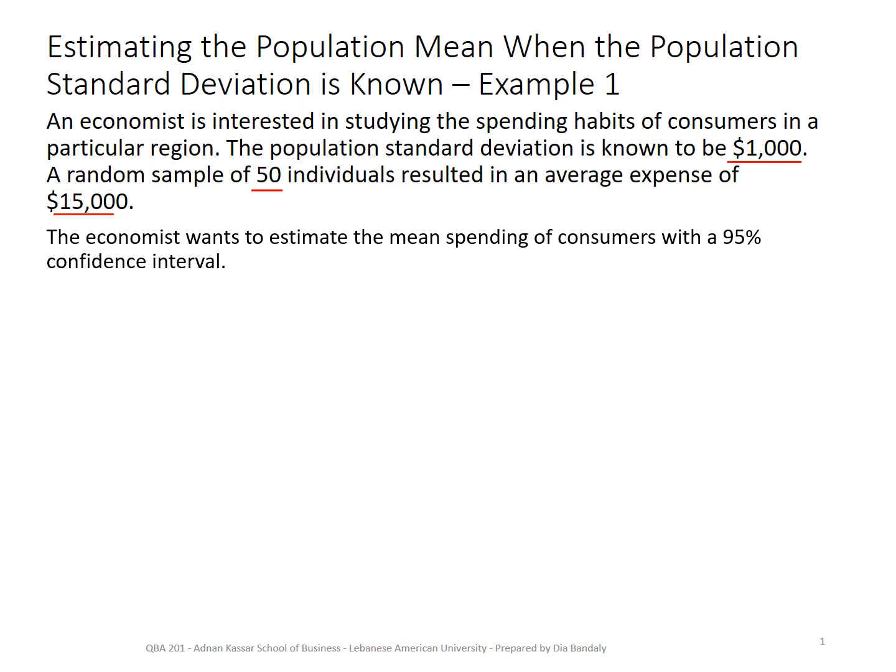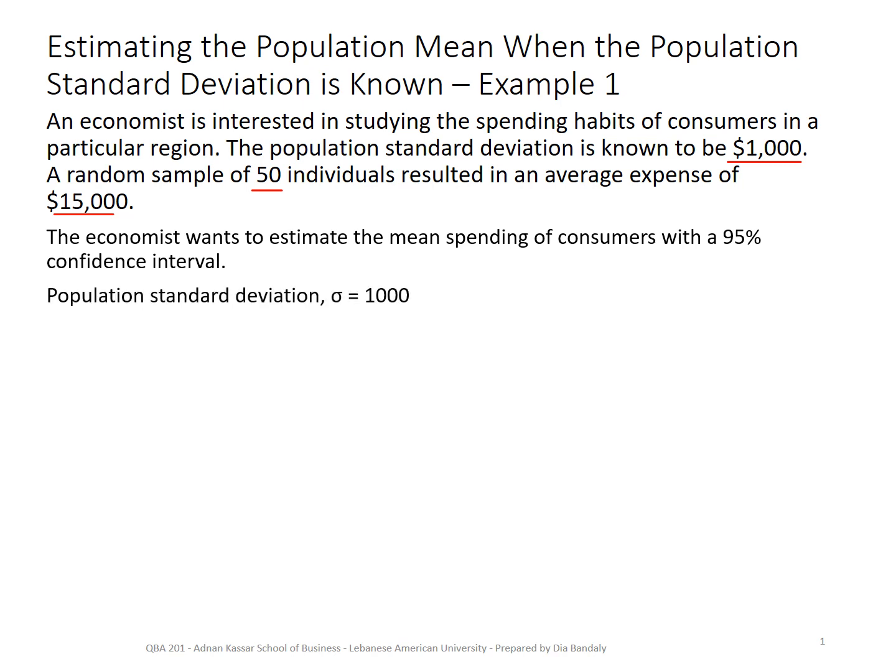Because to find the average spending of the population, he collected a sample of only 50 from the population, and from that he found this sample mean, which we call a statistic, remember, and we're going to use that statistic to make an inference about the population mean. So that's inferential statistics.